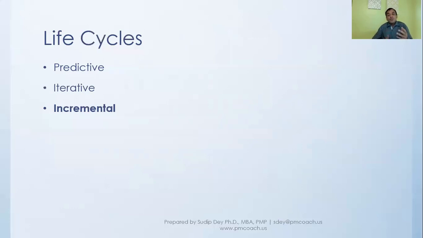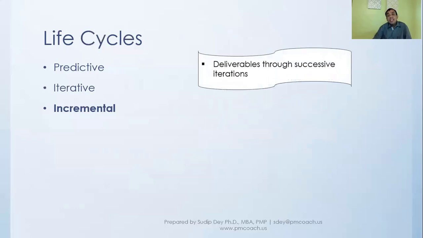In such a case, we move into the incremental life cycle. What really happens is the deliverables are provided through successive iterations. So we make an iteration and deliver, then make another iteration and deliver.